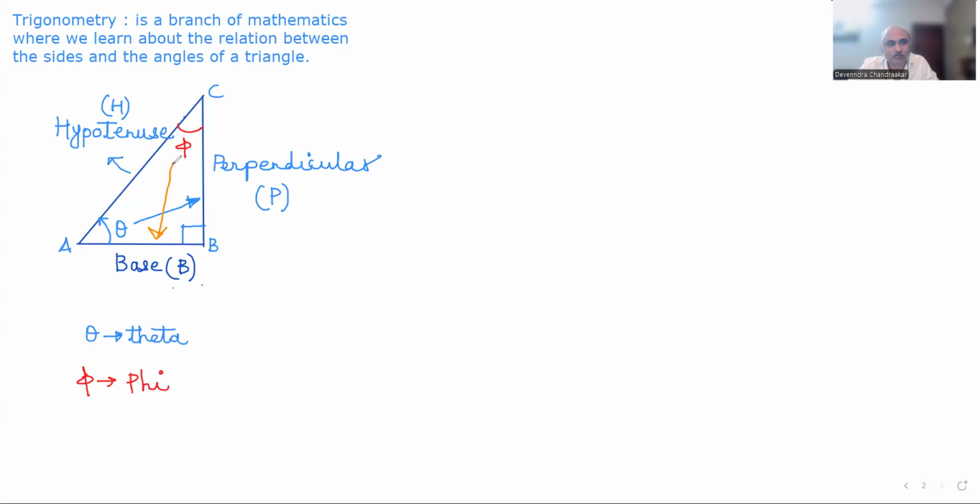So when we choose this angle phi, this side AB becomes the perpendicular. It was the base when we chose theta. When we choose phi, this side becomes the perpendicular, and the other is the base.